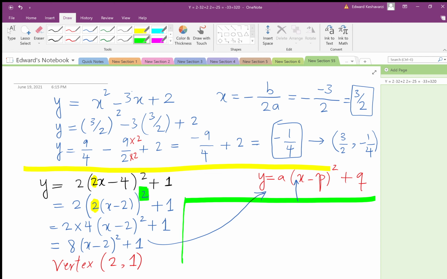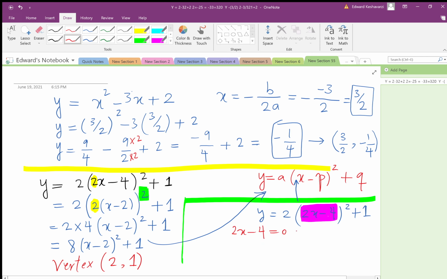Having 2 inside the bracket doesn't affect the coordinates of the vertex, because if you look at the original one, 2x minus 4 squared plus 1, if you set this red part equal to 0, so 2x minus 4 equals 0, therefore x becomes 2.